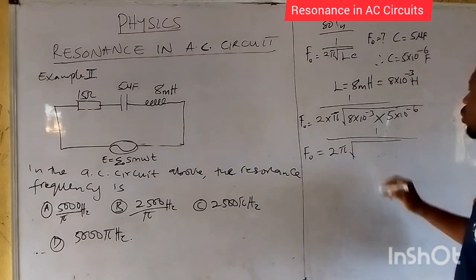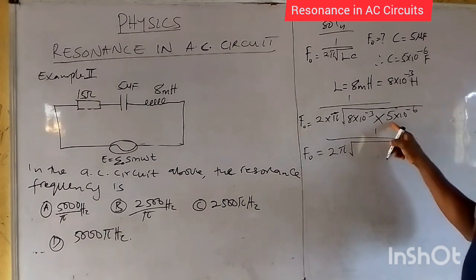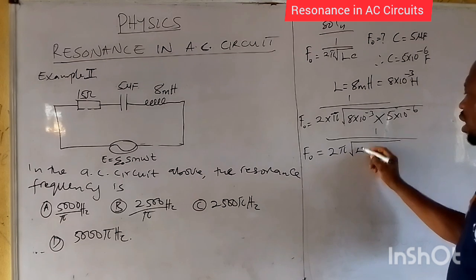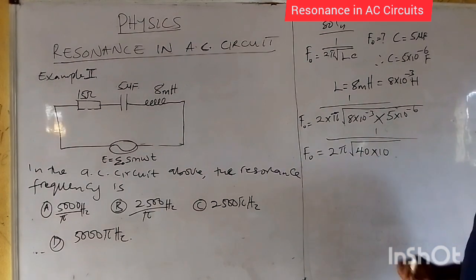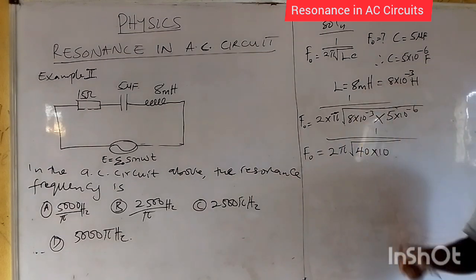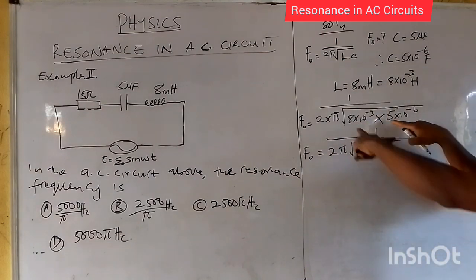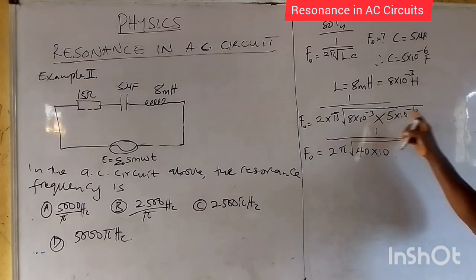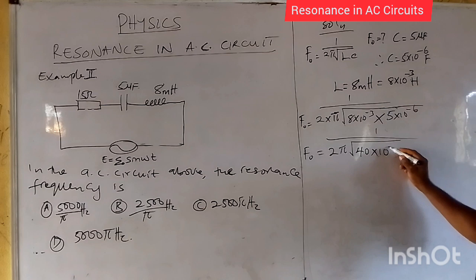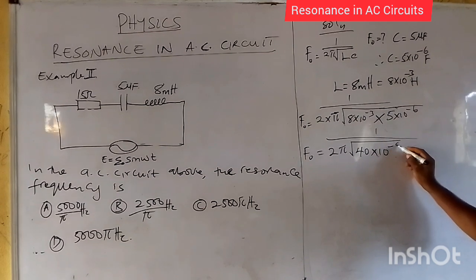multiplied by the square root of 8 times 5, which is 40, multiplied by 10 raised to 1. Of course, you apply the laws of indices here, where you multiply the bases and add the index numbers, so this and this will give us minus 9.